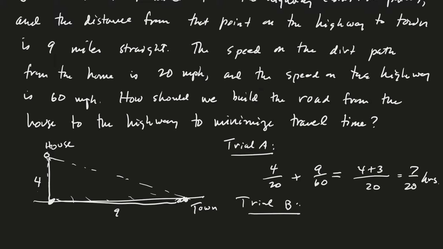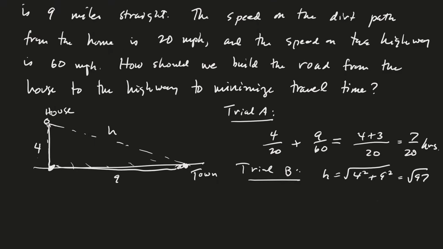Let's call that h. Then I can find the value of h: h is the square root of 4 squared plus 9 squared, so that's the square root of 97.